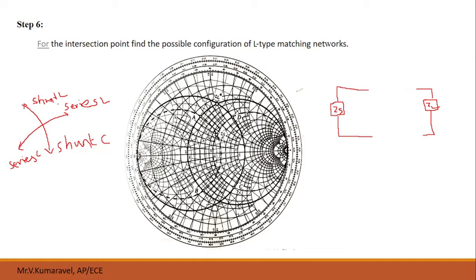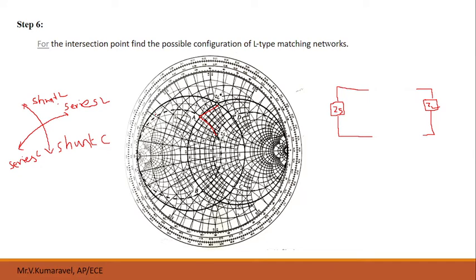So we have point A. We need to trace the path from ZS, the source impedance, to point A, to the complex conjugate of the load impedance, from ZS to A to ZL. Let us first consider from ZS to ZA.